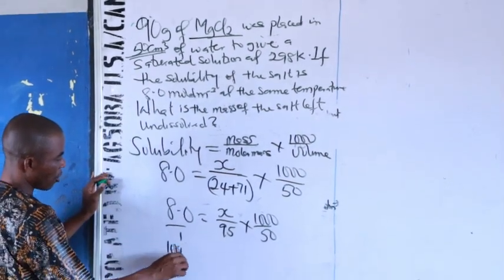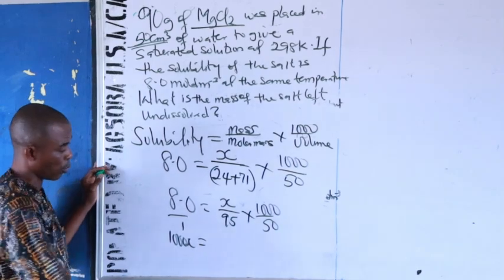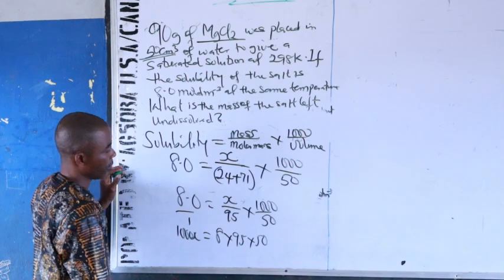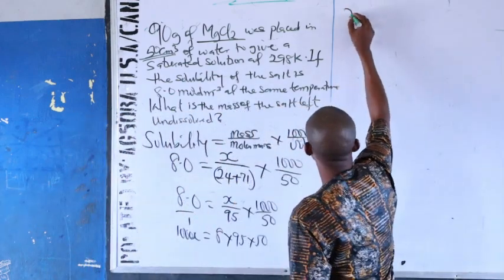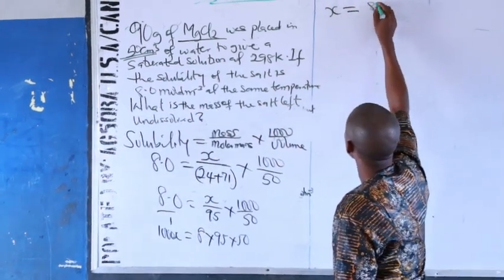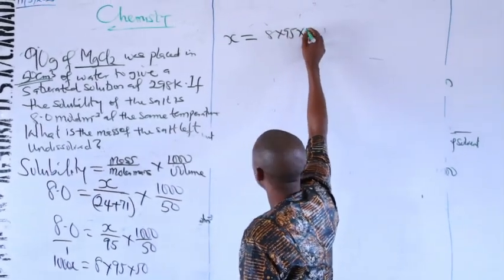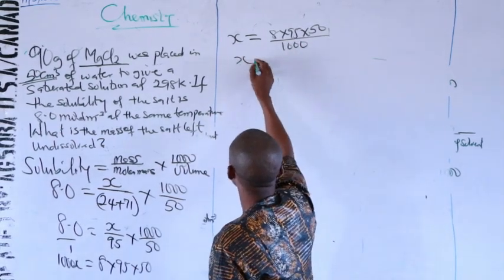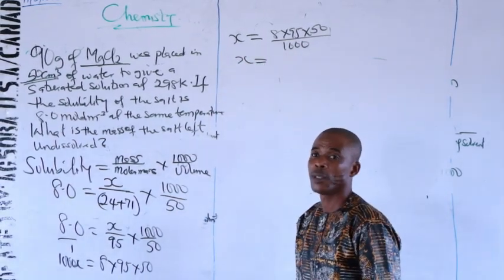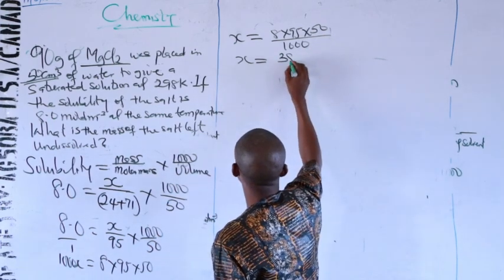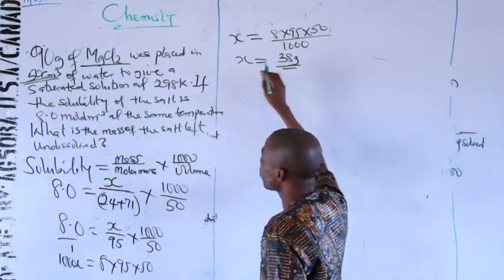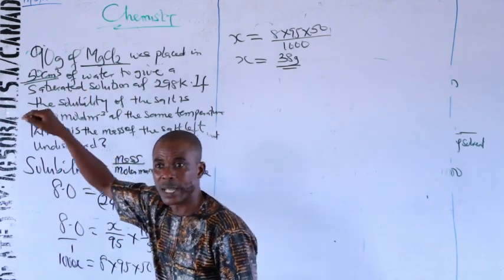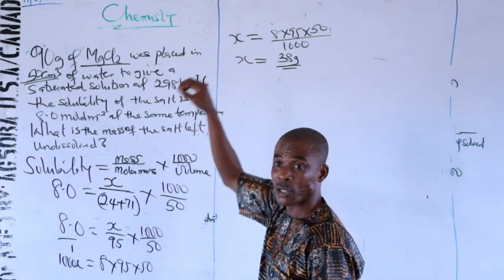You can have 1000x is equal to 8 times 95 times 50. Then x is equal to 8 times 95 times 50 divided by 1000. So x is equal to 38. It shows that out of 90 grams added to water, only 38 grams of the salt dissolved.